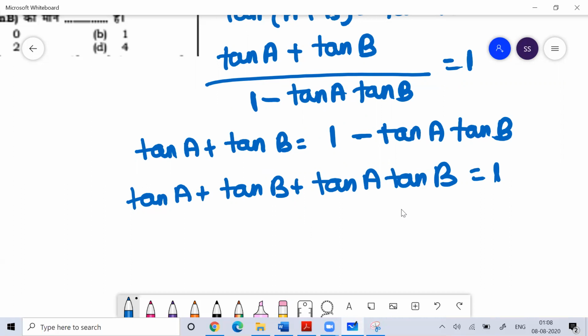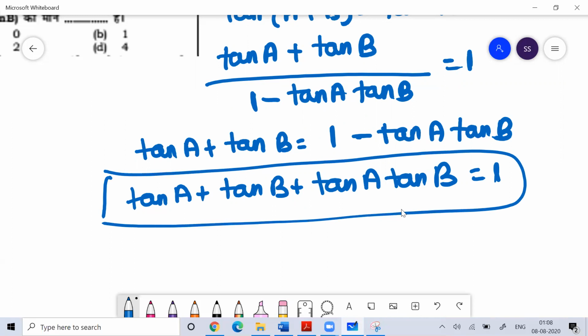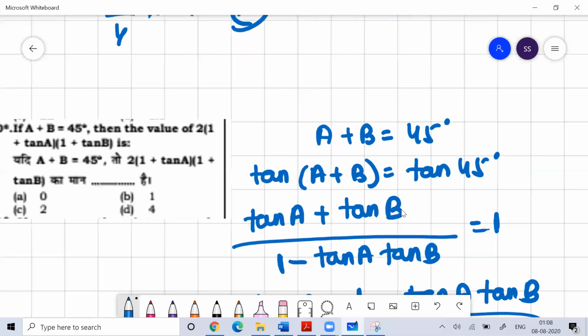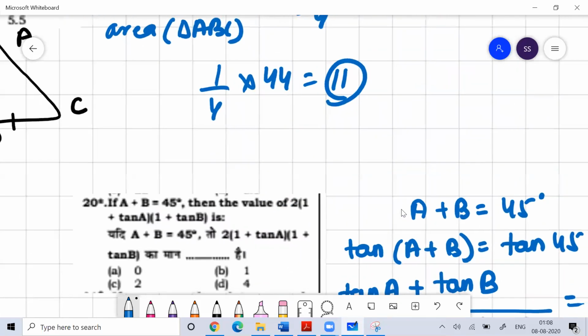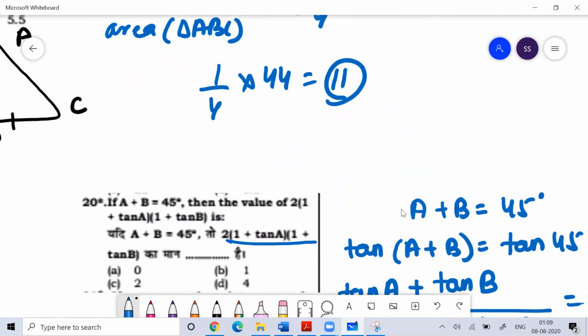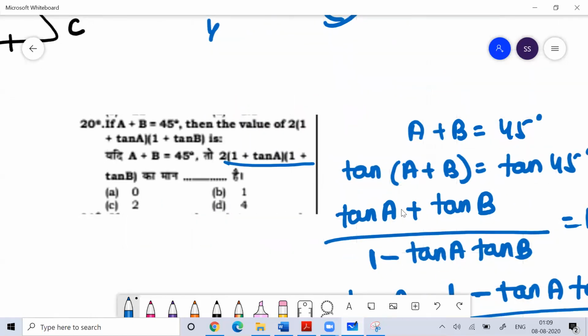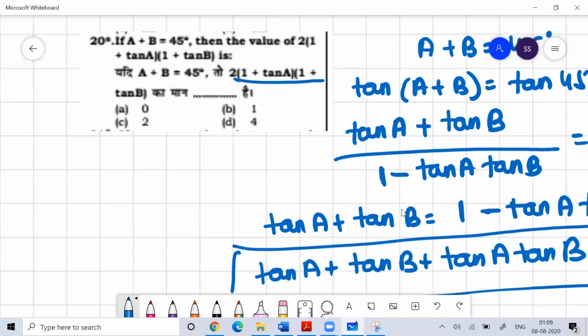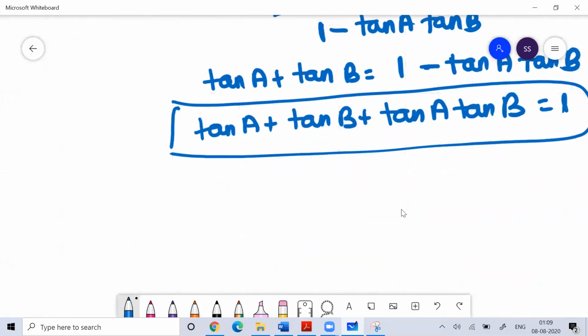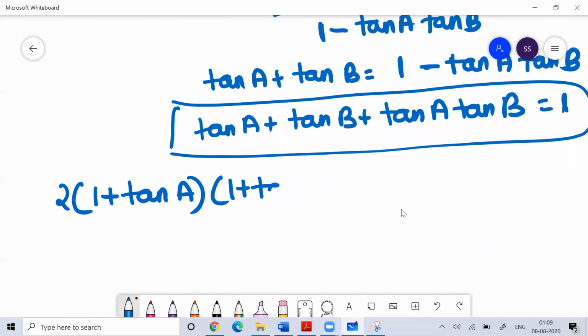Okay, so you know this. Now what I need to find is this value: 2 into 1 plus tan a into 1 plus tan b.